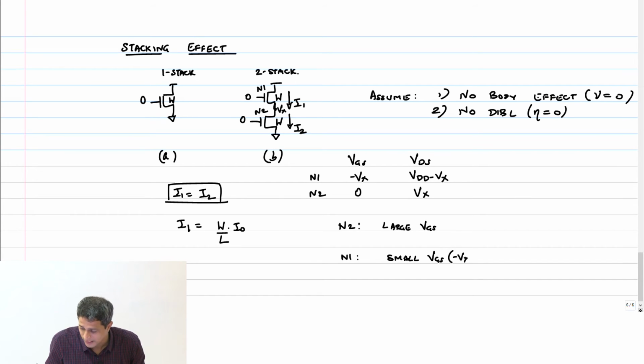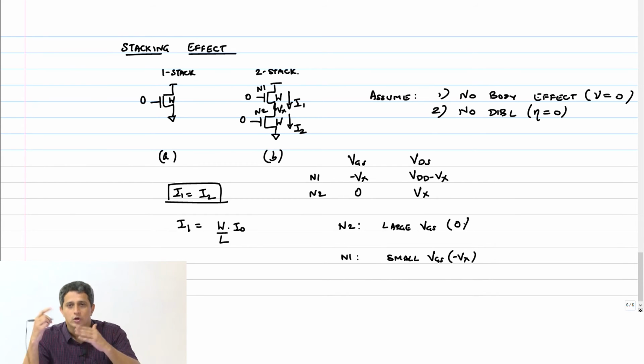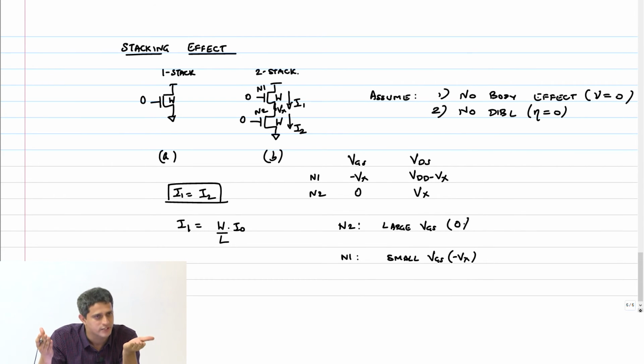This is minus Vx, 0. Now if both currents have to be the same, the VGS has to be compensated by the VDS. Only then can you have these two currents to be the same, correct? You agree with me? So if N2 has a large VGS, then VDS has to be small.